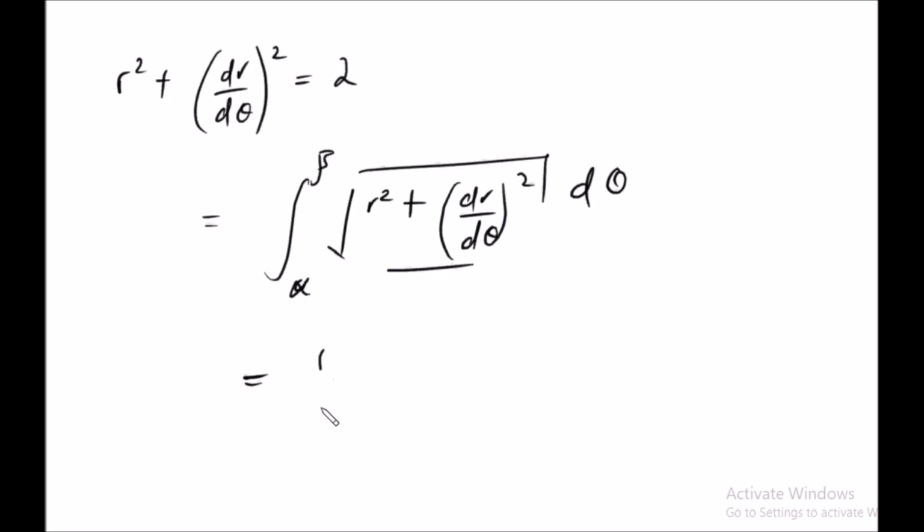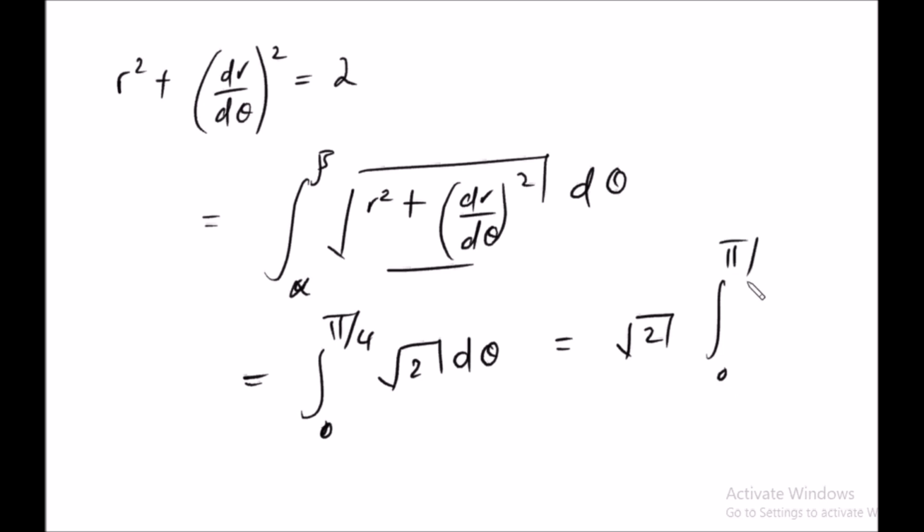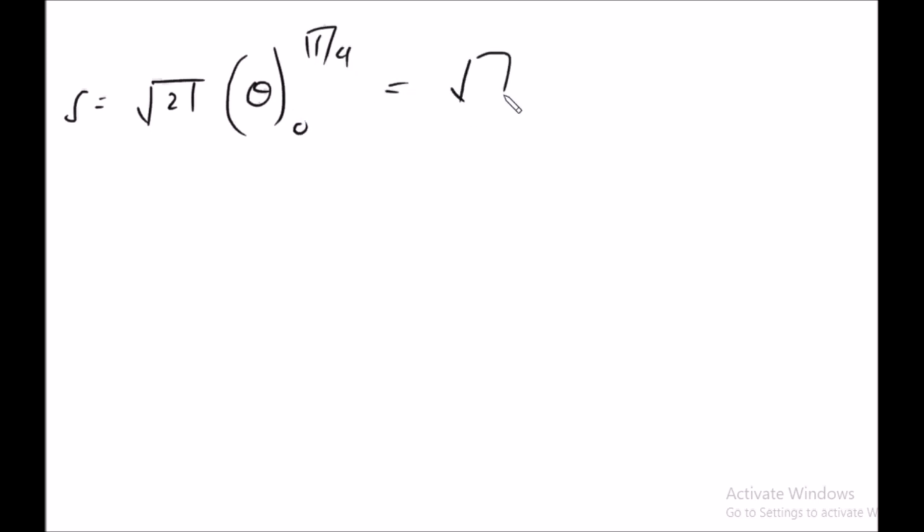So manake hii tutakuwa tuna integrate sasa from 0 to pi over 4 the square root of 2 d theta. So tuanje the square root of 2, tuna integrate from 0 to pi over 4 d theta. So integrate d theta unapata theta. So inakuwa ni s sasa na square root of 2 theta from 0 to pi over 4, ambayo itakuwa sasa na square root of 2 kiingiza limits of integration pi over 4 minus 0.